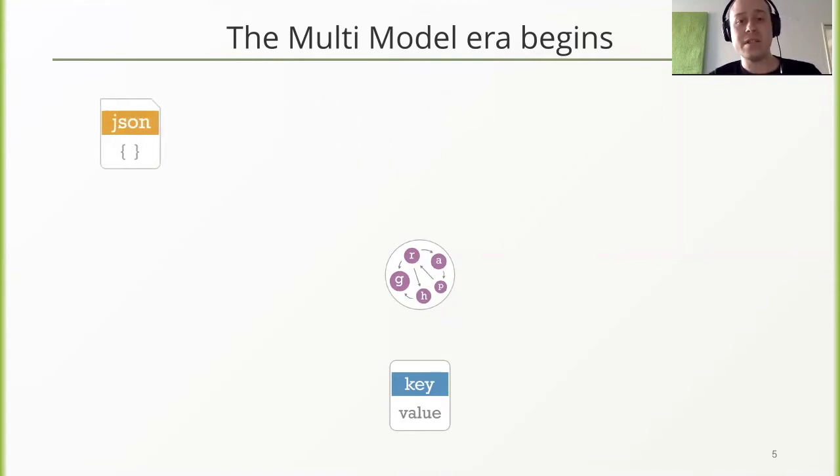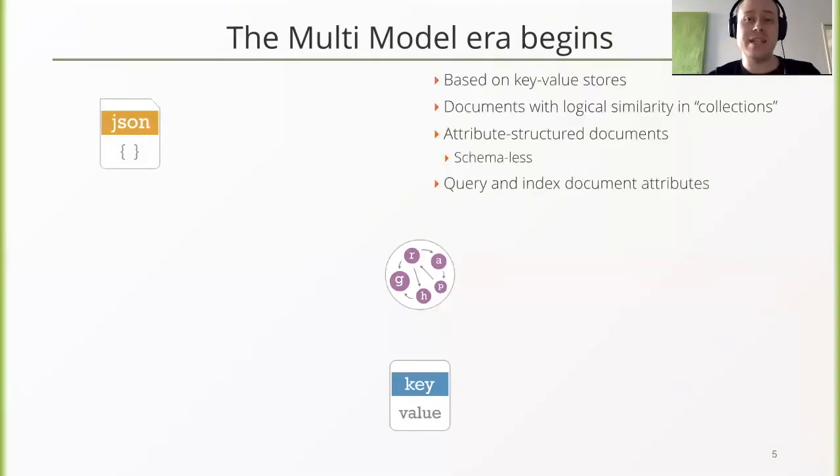A JSON document store is typically based on the key value store. All documents have a unique identifier, and then they store JSON documents by this identifier. They can group documents with logical similarity in so-called collections, pretty much similar to tables in the relational world.